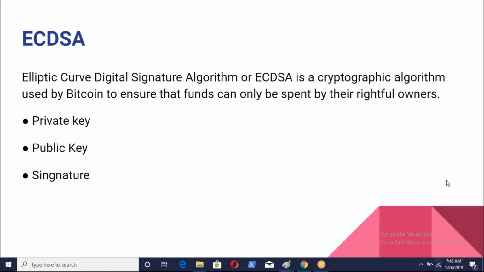Suppose I want to send 1 Bitcoin to you, I send it to your address. That address is nothing but the public key. The address is visible to all people; if anyone wants to do a transaction with you, whatever address they require, we call it the public key.